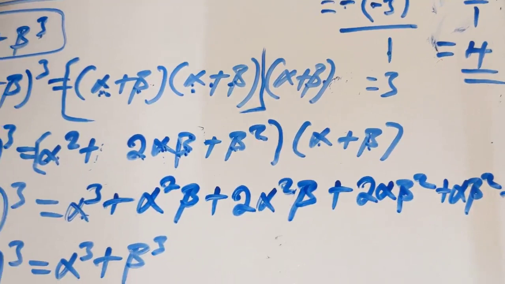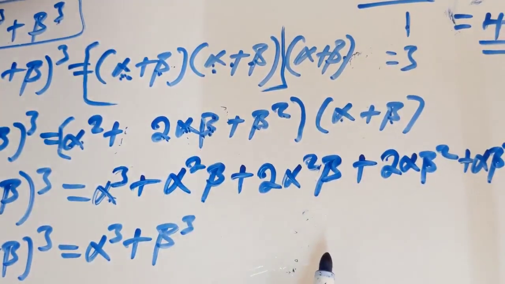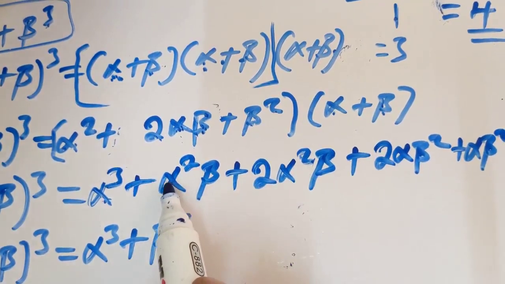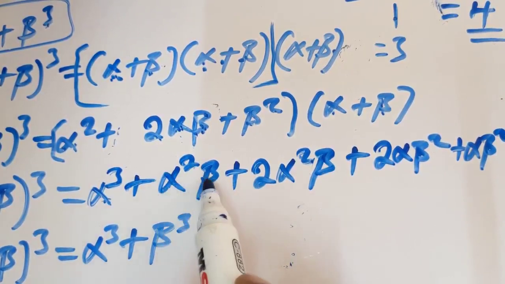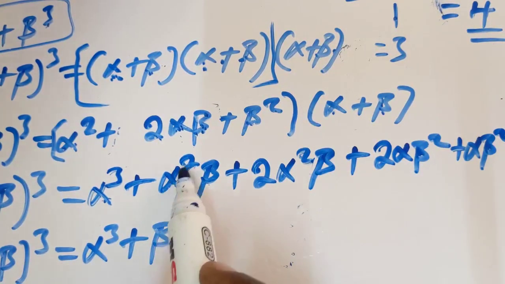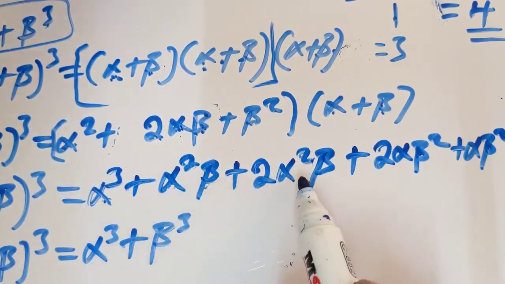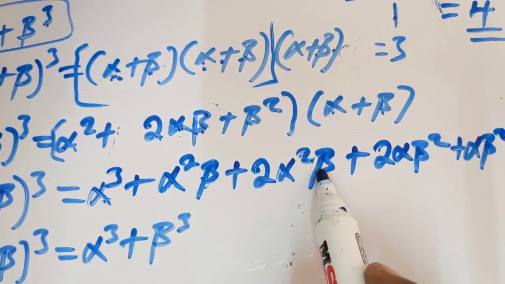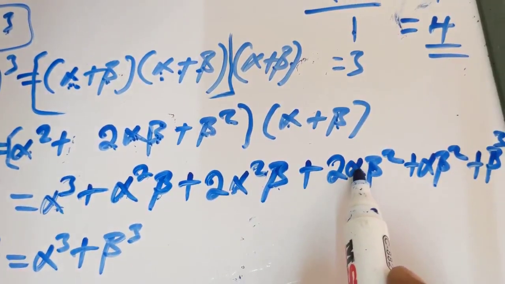Now here we can add the like terms. Do we have like terms here? So here we have alpha squared, but beta is not squared. Yes, we have alpha squared, beta is not squared. How about here? Here alpha is not squared, but beta is squared.